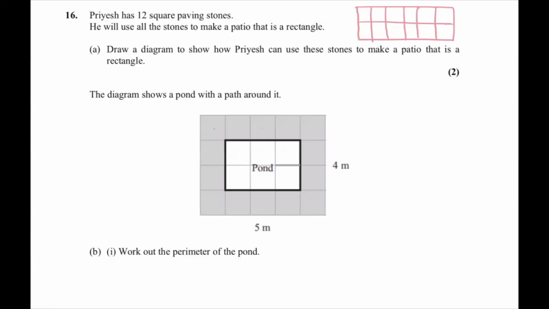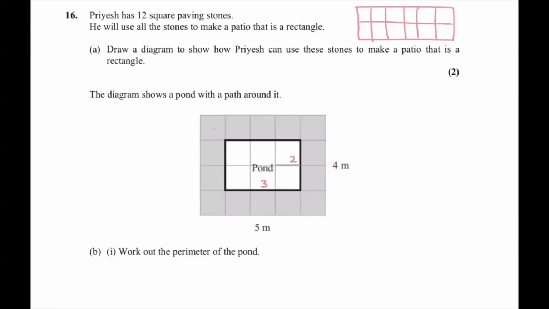Now, we've been given the perimeter on this outside edge. So what that helps us see is 1, 2, 3, 4, 5. So each edge of the square is counting as 1 meter. So we've got 1, 2, 3 here. So we're going to have an edge of 3 and we're going to have an edge of 2.